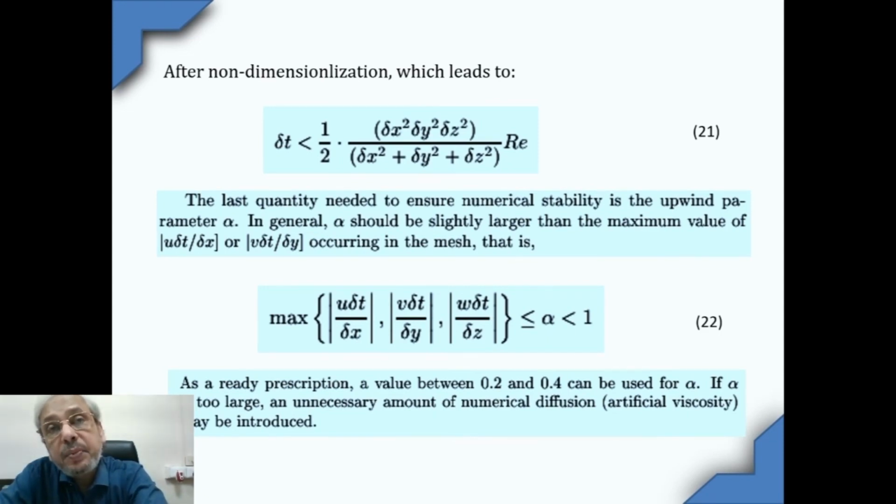Numerical experiments can be done to see how small an alpha we can take so that the overall accuracy of the discretized equations remains high, remains second order spatially.